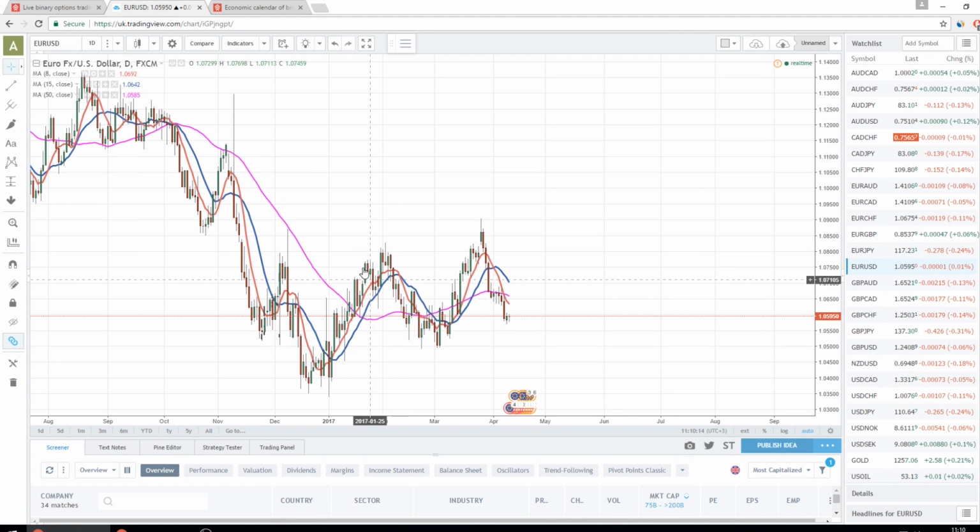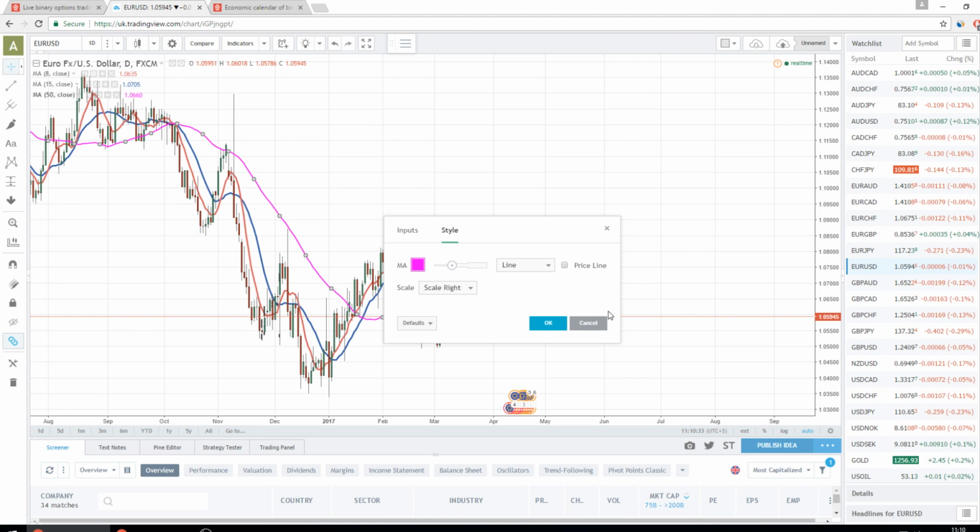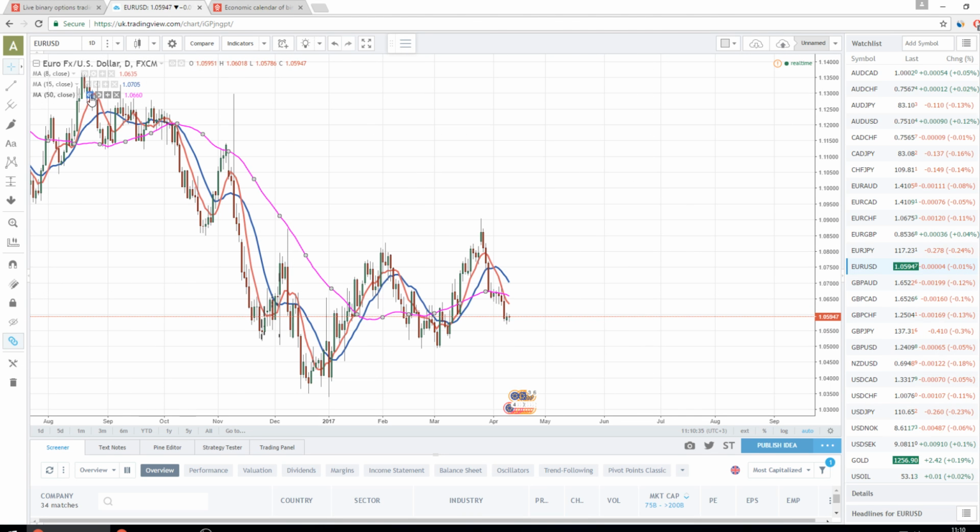There are several methods of how we can use these moving averages besides simply showing us the smooth price. Let me switch off now.